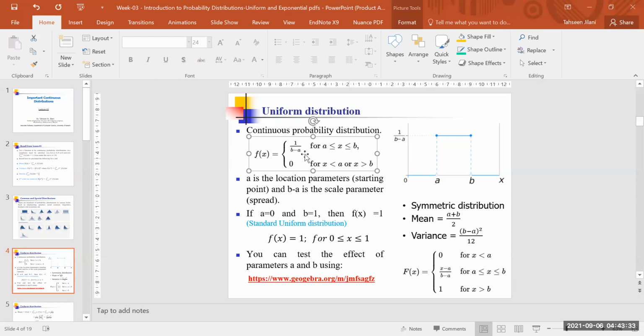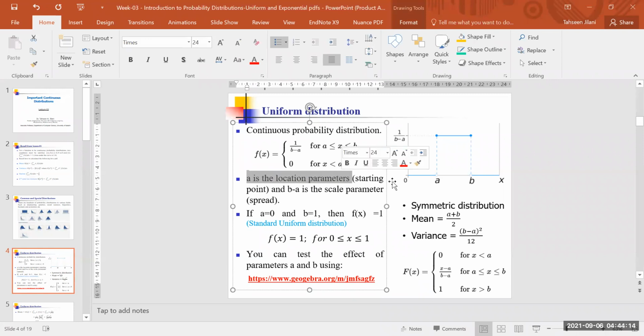If x values are plotted on the x-axis and f(x) equals y is plotted on the y-axis, the width of this distribution shows the lower limit a, the starting point, and the finishing point b, and the height is represented by 1 over b minus a. For example, 1 over 10 minus 5 is 1 over 5. This makes a rectangular shape, so that's why some authors also write it as rectangular distribution.